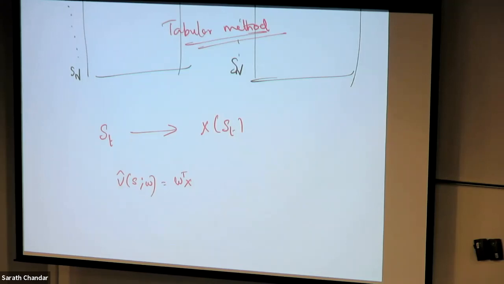So we had a very simple linear model which took all the features and tried to approximate the value. The advantage of such a system is that when you make an update to w based on one state, you are affecting the value of all the states.